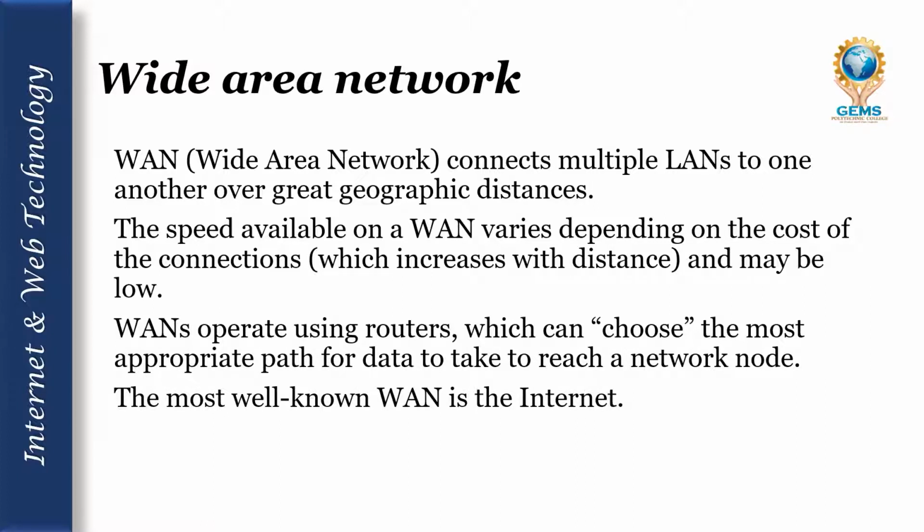The speed available on a wide area network varies depending on the cost of the connection, and may be low, based on the distance. Wide area networks operate using routers which can choose the most appropriate path for data to take to reach a network node. One of the well-known wide area networks is the internet.